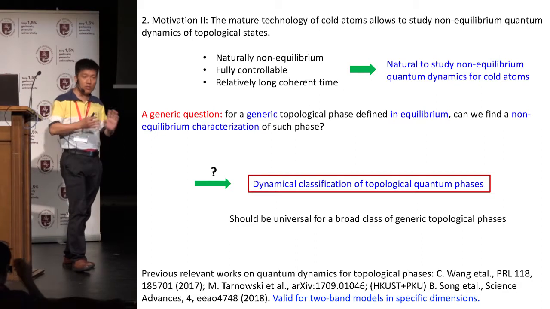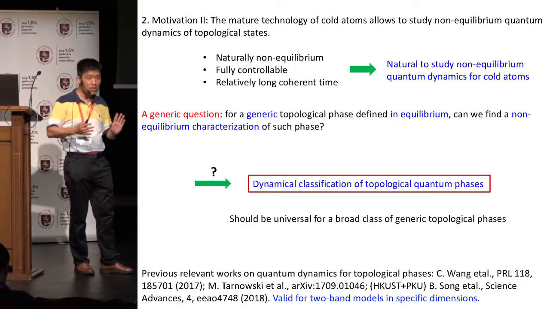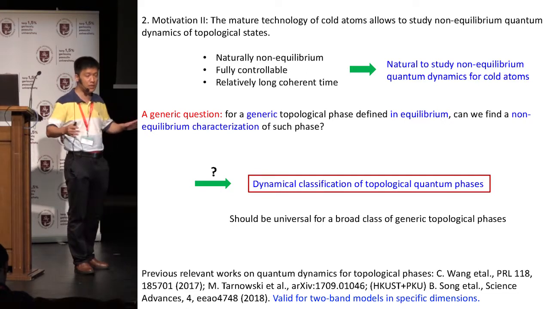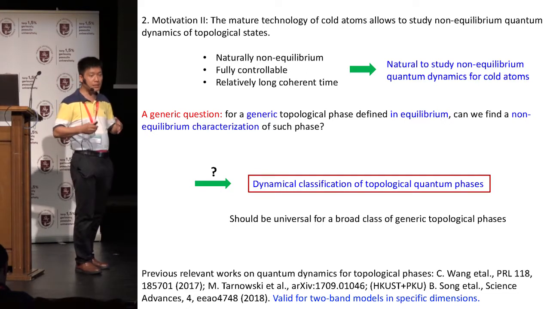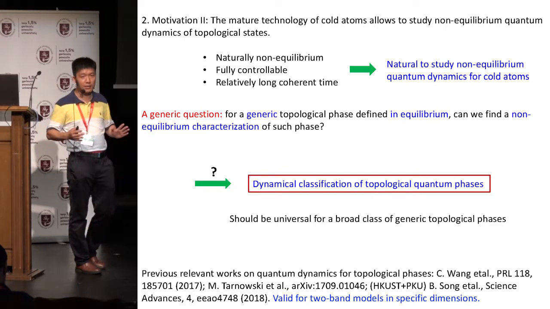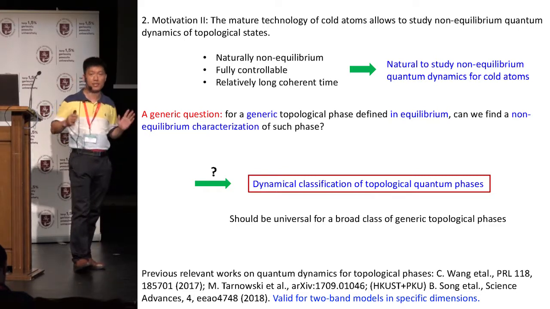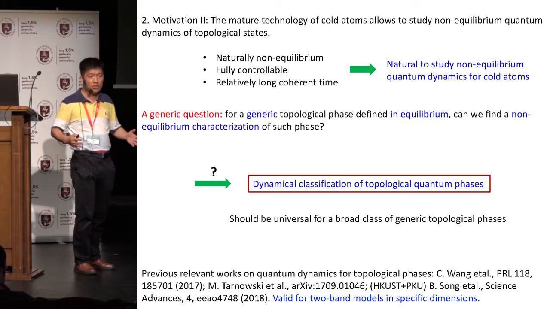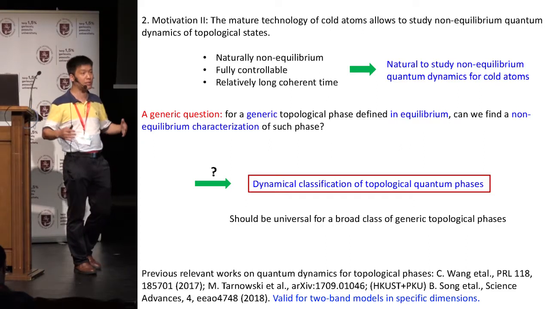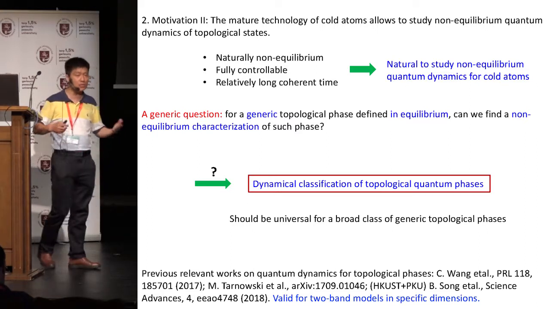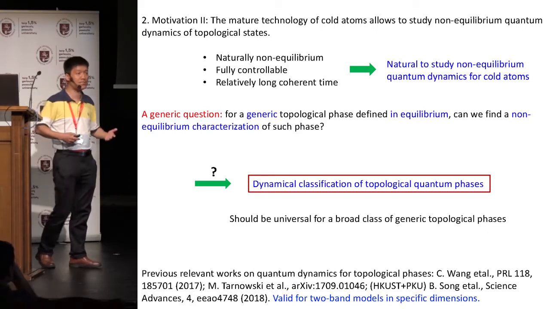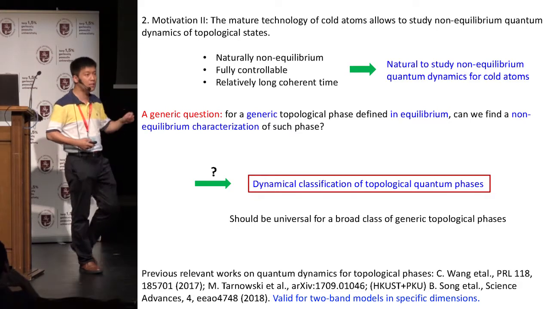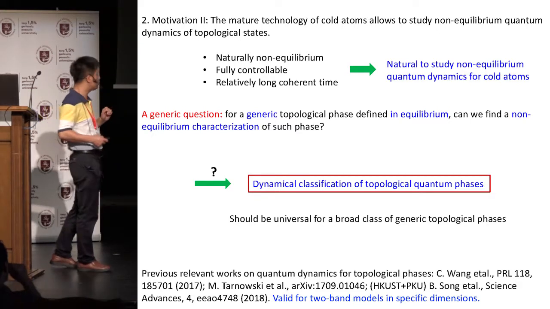The topology of the many-body wave function could still be trivial, because it is a unitary evolution, but the dynamics of the state can exhibit some non-trivial behavior. It could be topological, and this topology can be directly connected to the topology of the ground state. If this is true, then you can establish a characterization of the equilibrium topological phase. This is the idea.